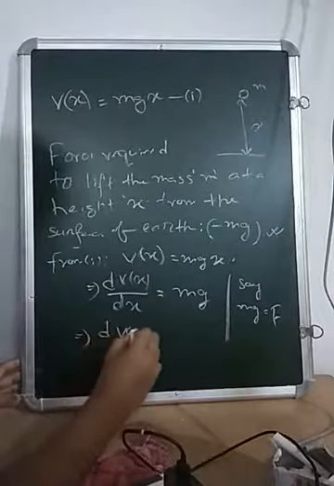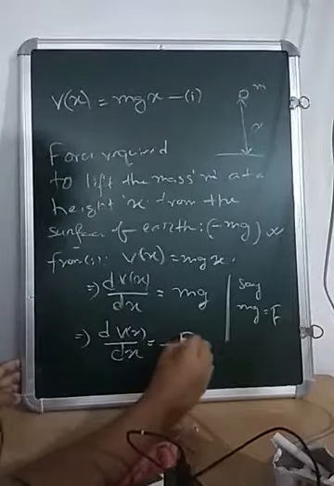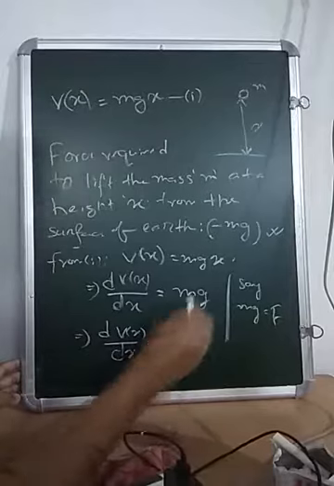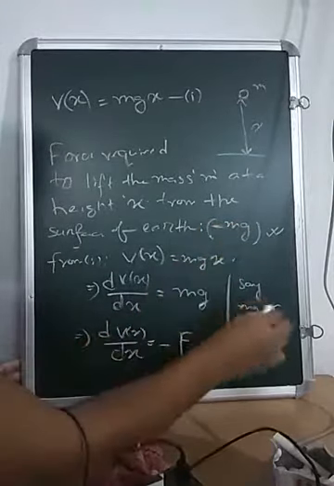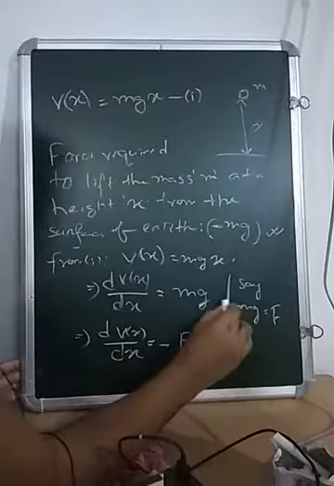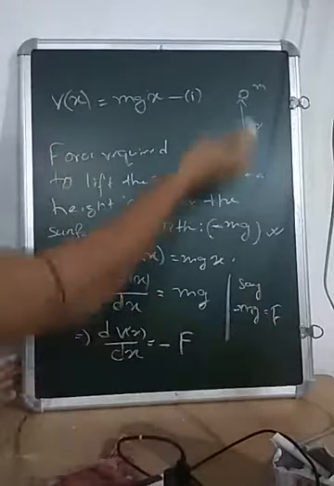So dV(x)/dx is how much? Minus F, because I am writing minus, since this force is minus mg. Say minus mg is equal to F, the force required to lift the object at a height x.